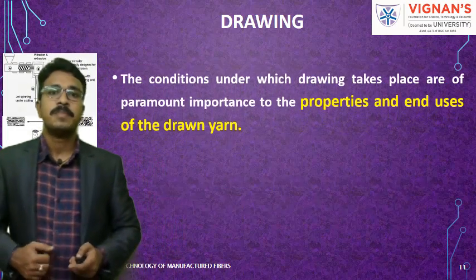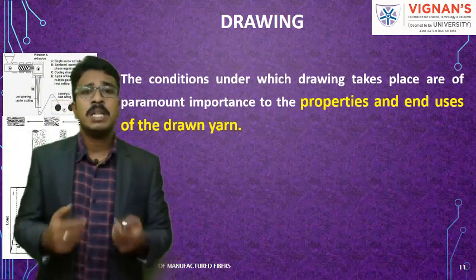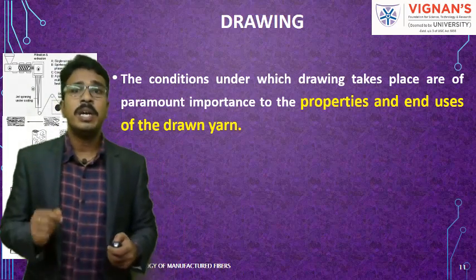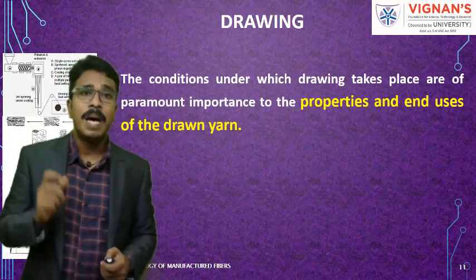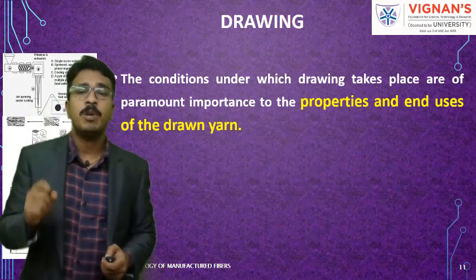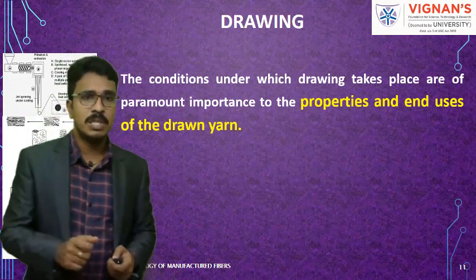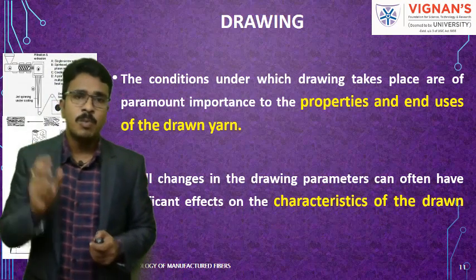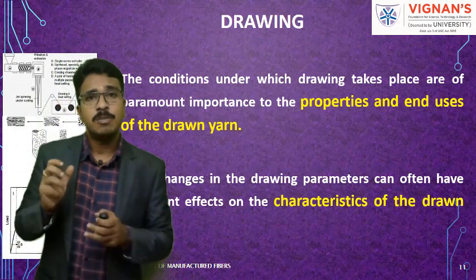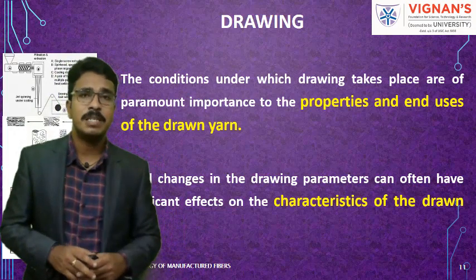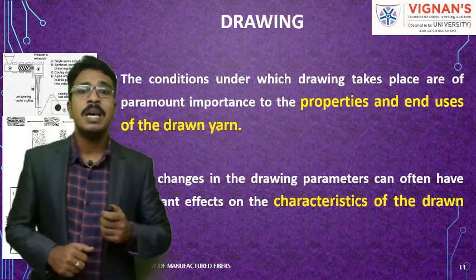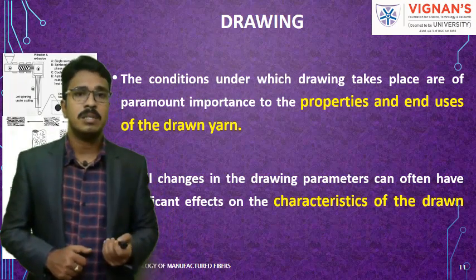Okay. Now, whatever the conditions under which drawing takes place are of paramount importance to the properties and end uses of drawn yarns. Even small changes in the drawing parameters can often have significant influence on the characteristics of drawn yarns.